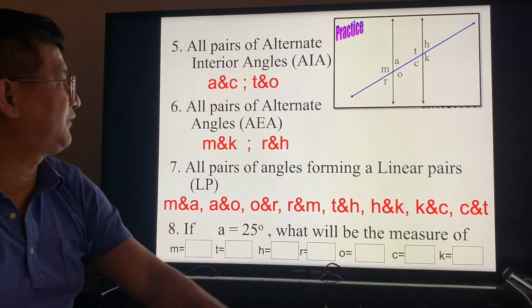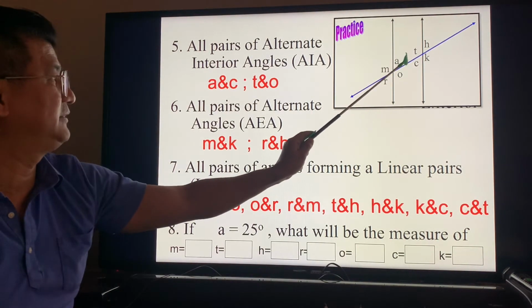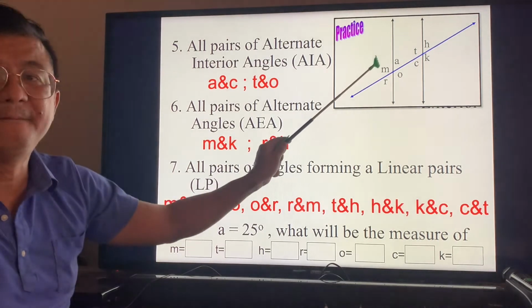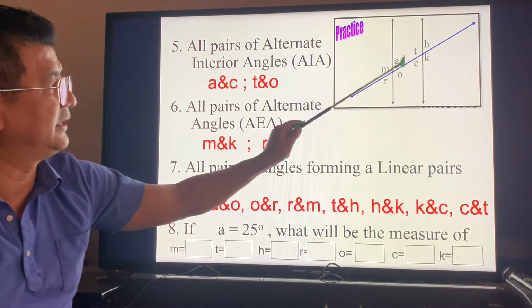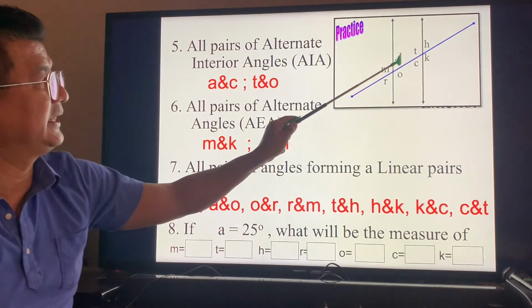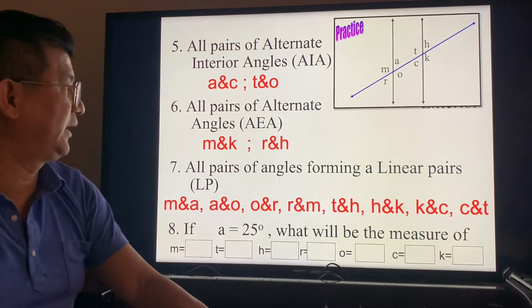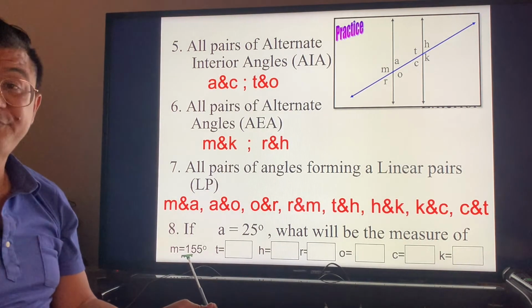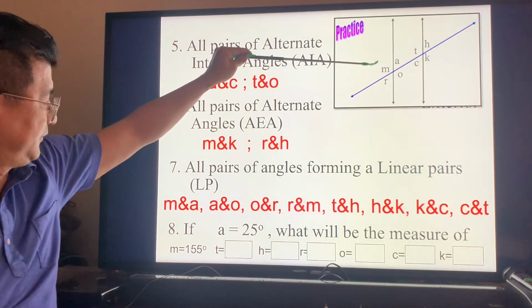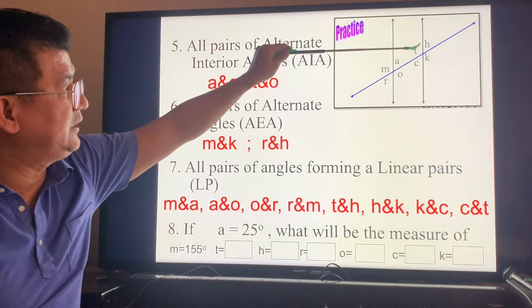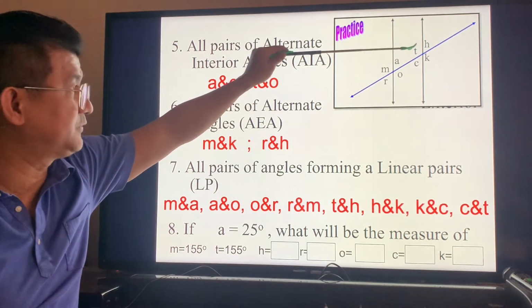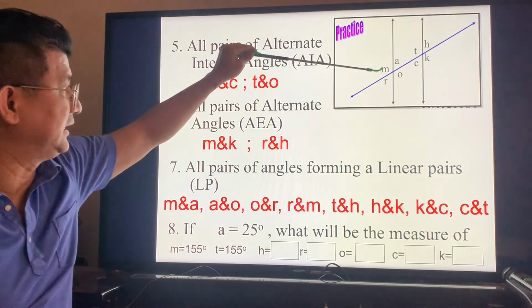If A is 25 degrees, what would be M? Ooh, they're a linear pair. So 180 minus 25 is 155. If M is 155, T would also be 155 because they are corresponding.